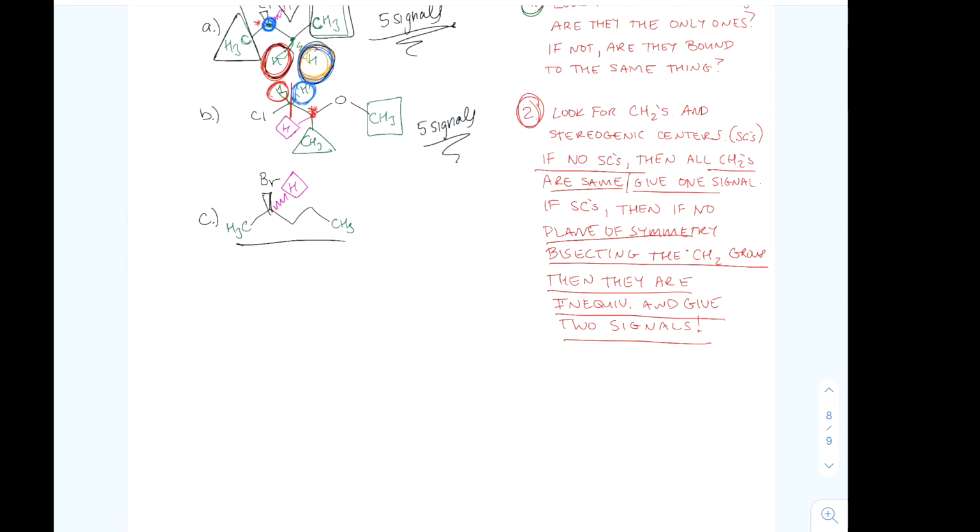The green, we have this particular CH3 is bound to a carbon that's directly bound to a bromine. So that's going to be different than that CH3. And you can think of them in terms of acidity too, right? Like that CH3 is bound to a carbon that's directly bound to a really electronegative atom, and so the acidity of that proton is going to be different than the CH3 on the other end, right?